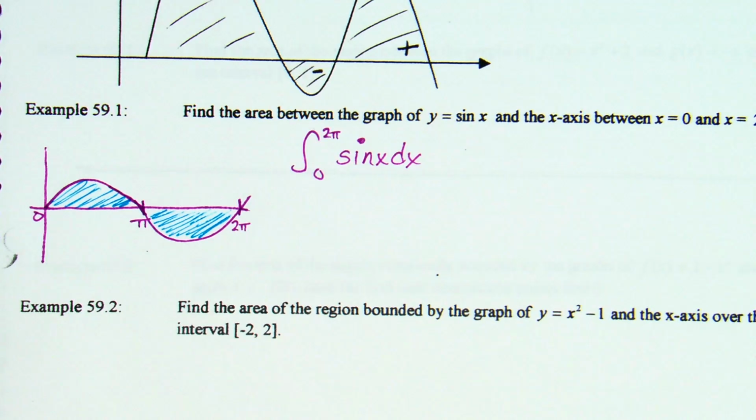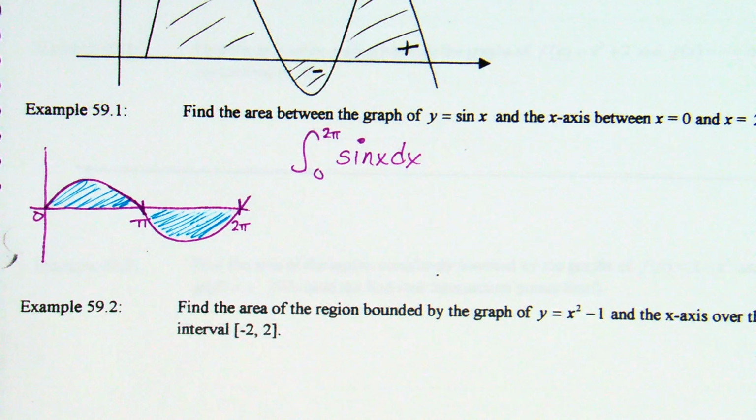Because essentially that's what they're asking me to do: find the area underneath the curve sine from 0 to 2 pi. Can I just do this right here? No, because I'll end up with the positive, and then I'll end up subtracting what's underneath. So how do I break this up?